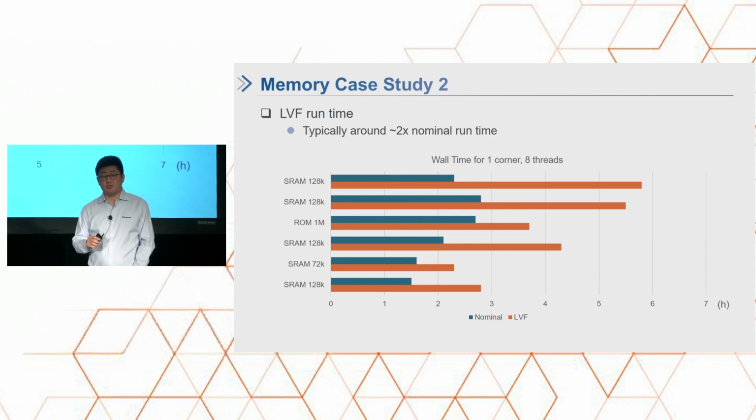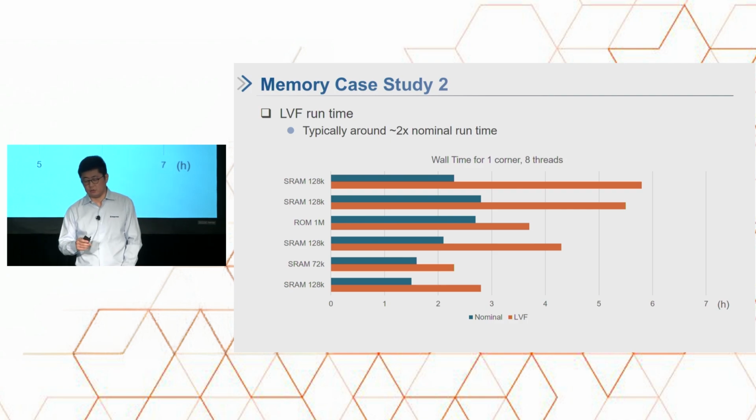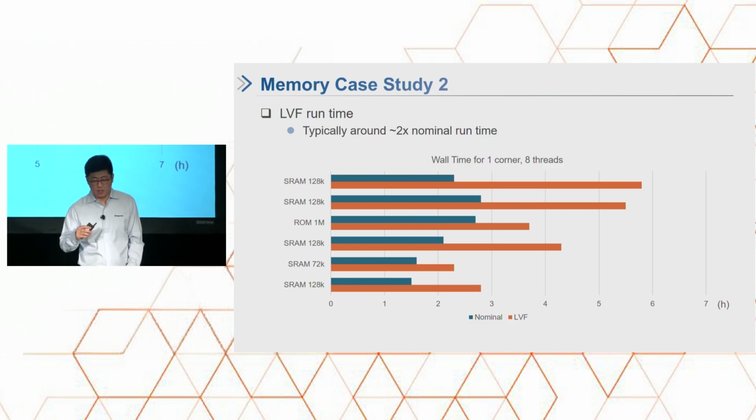And runtime is very important for this application. So comparing the runtime for nominal simulation gives a more practical view. In nominal simulation, let's say we use 1 hour, and typically characterization with variation will take about twice that amount of time using our technology.